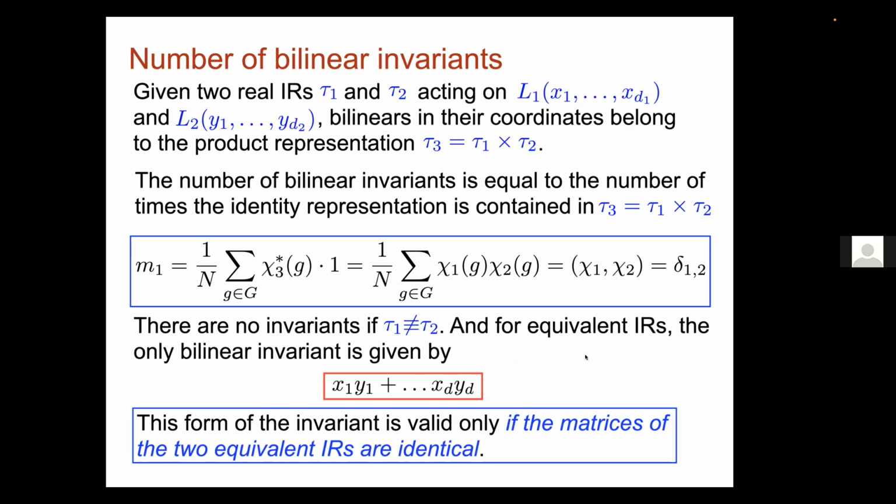Then the invariant that you construct is not this. This is not an invariant. It's something similar, it's bilinear, but it's much more complicated. So you always have to make sure that you use the same matrices for equivalent representations. If necessary, you have to make a change of basis. Okay. Any questions so far?